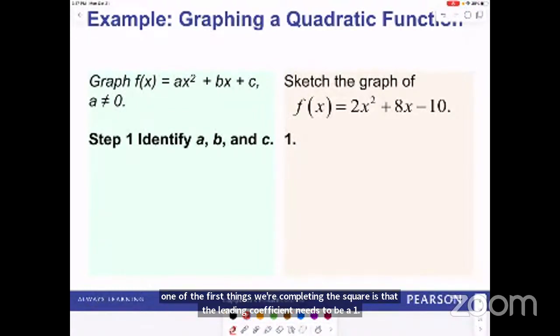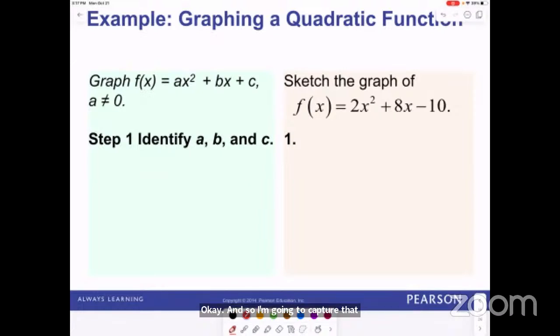And so I'm going to capture that by factoring out 2. If we factor out 2, that's going to leave us with x squared plus 4x minus 5. So again, we're doing a showcase on completing the square.